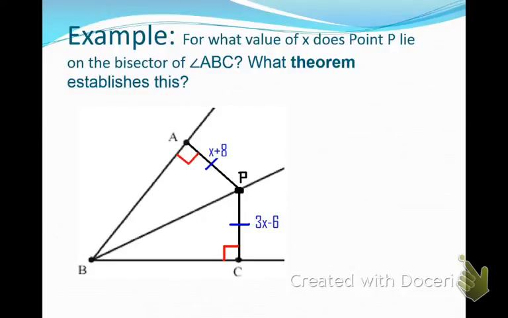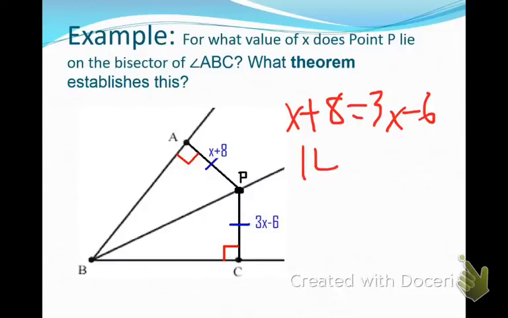So to solve for x, we would take x plus 8 equal to 3x minus 6. We move the x over and the 6 over, so it would be 14 equals 2x. So x equals 7 would be the value of x that makes those two lines equal.